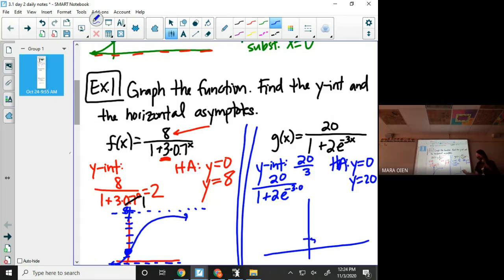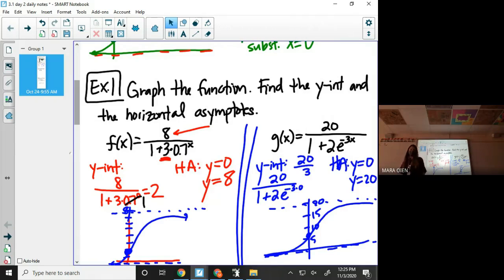I'm going to go by 5s. So I have a horizontal asymptote at 20, another one down here at 0, and 6 2/3 is probably about right there. And there's my logistic function. Okay, so I don't need a ton of points when you're drawing those logistic graphs. Just try your best for those. Okay.